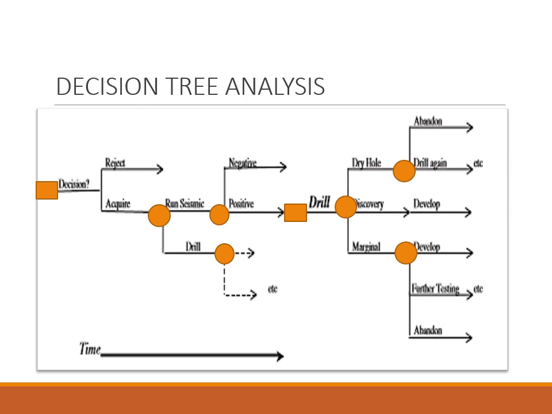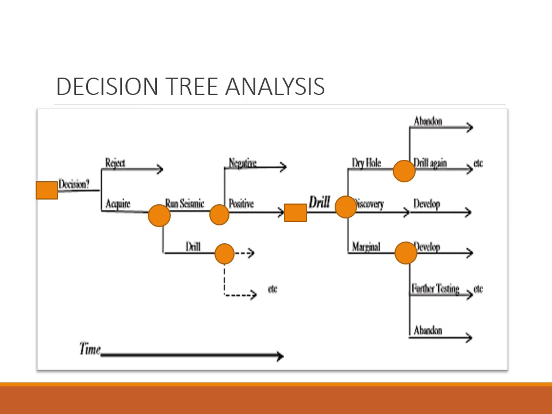If you do get a dry hole, what would you do? Would you drill again, or should you just abandon it? If you drill again, and then you will still have a lot more possibilities. If it's a good discovery, then you would just develop. If you find a marginal field, would you develop, or would you do further testing, or would you abandon it?